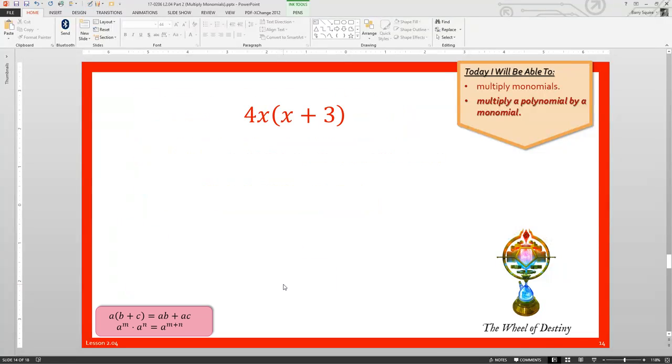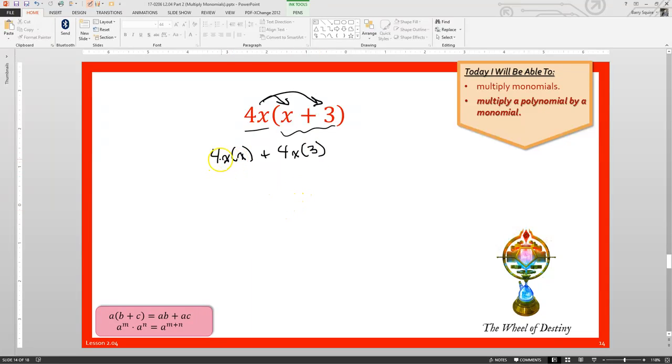So here's an example of a monomial times a polynomial. Happens to be a binomial. So first step, distribute. So we get 4x times x plus 4x times 3.